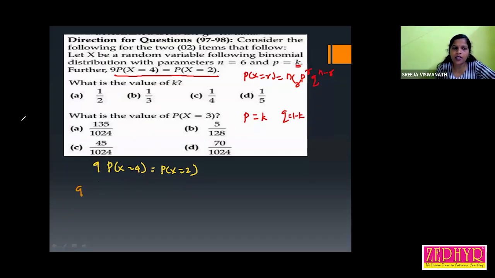Here n is 6. So 6C4, k raised to 4, q is 1 minus k raised to 2.